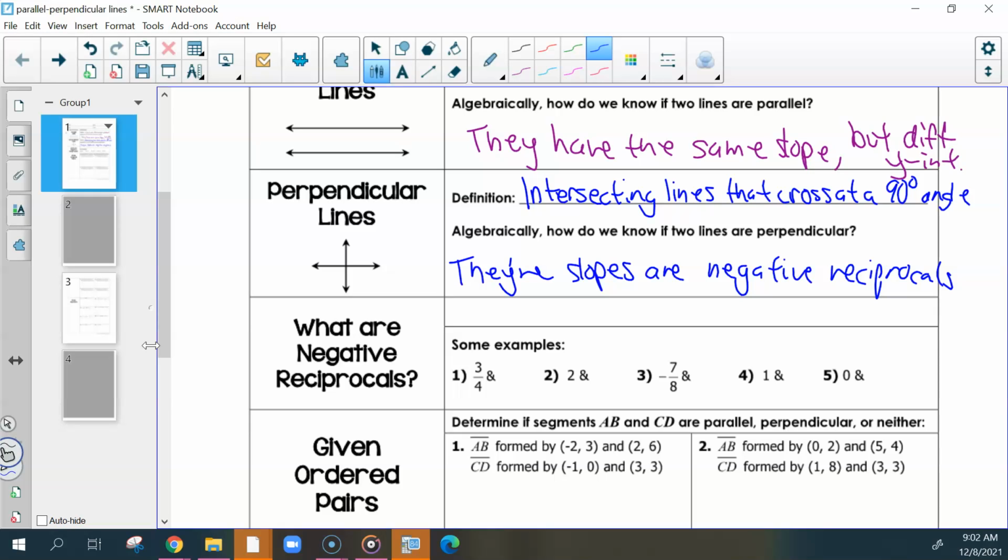It has to be negative. It can't be like 1/2 and 2, because that isn't negative. So then those would just be intersecting lines, not perpendicular lines.